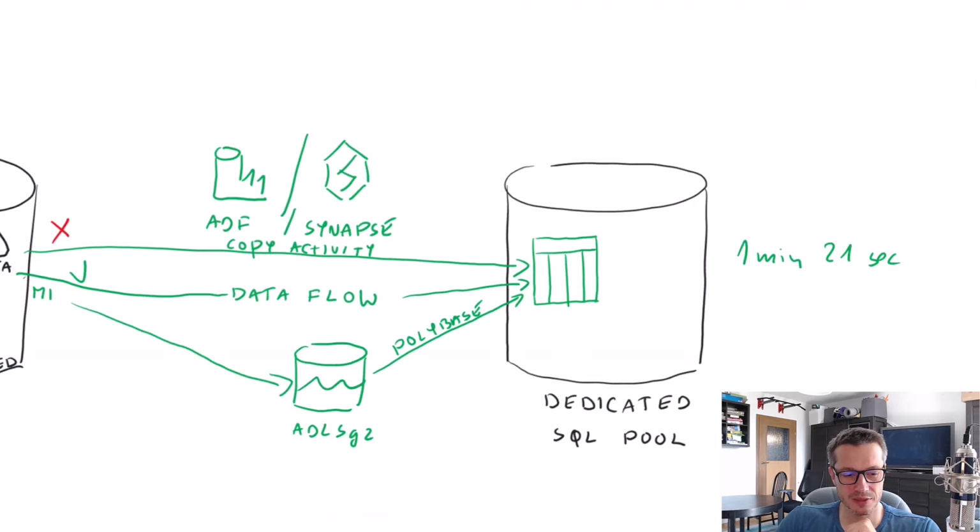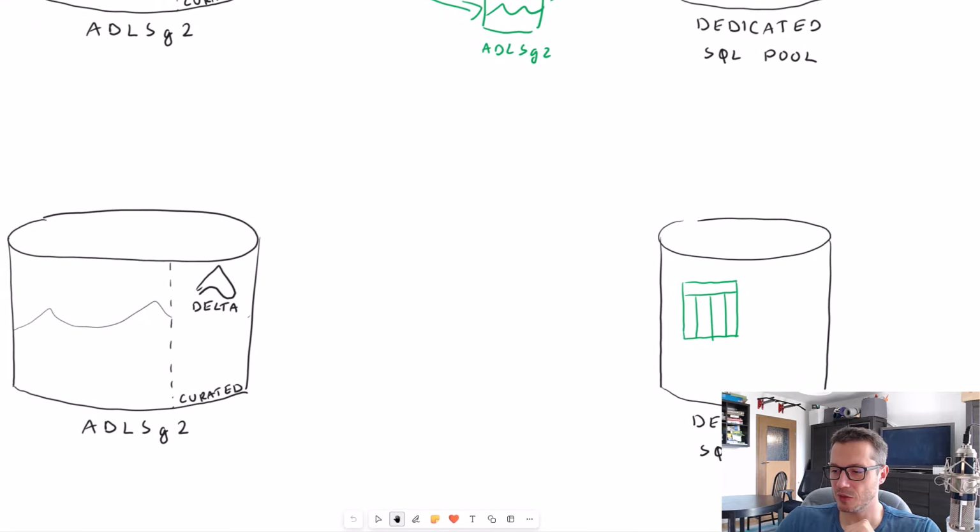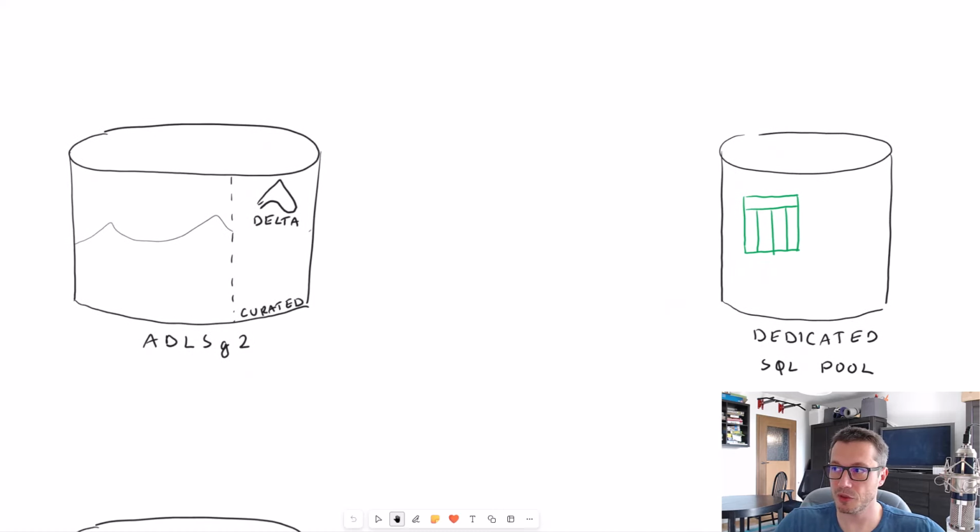Alright, but I would still like to show you this copy activity because it has some nice configuration options that I want you to be aware of. So what we'll do right now would be to use a copy activity. So again, you want to copy data from our data lake to dedicated SQL pool.